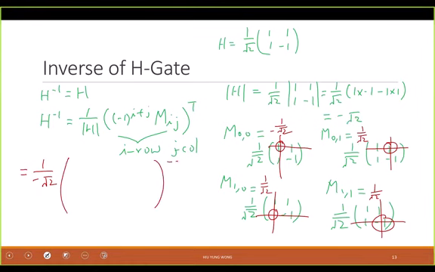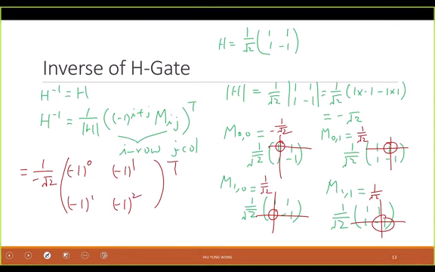I also saved the transpose. I don't do it yet. The first one is 0 plus 0, so this is negative 1 to the power 0. Right? The second one is negative 1 to the power 1. Negative 1 to the power 1. Negative 1 to the power 2. Right? For this cofactor.